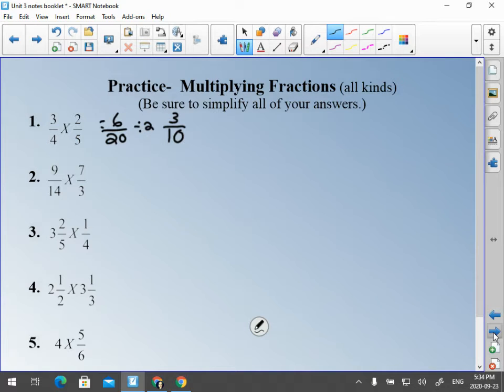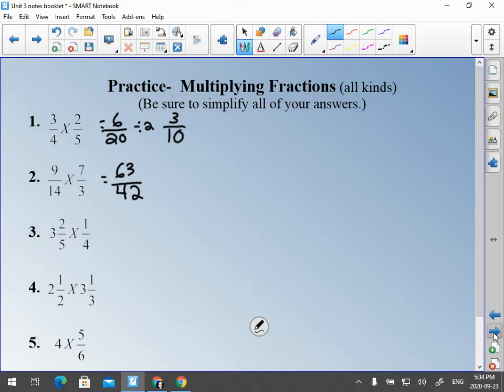For question number 2, once again, multiply my numerators. 9 times 7 is going to give me 63, and 14 times 3 is going to give me 42. Now this is an improper fraction, and we don't like improper fractions.